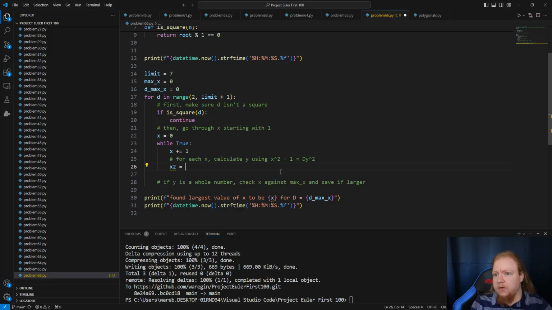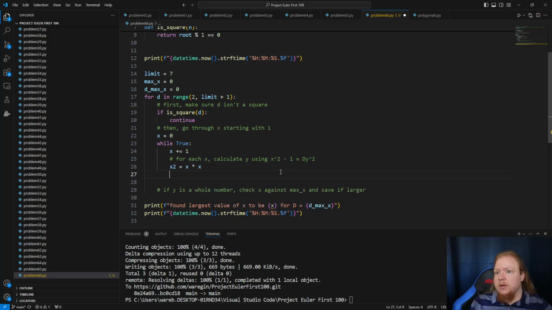So let's just say y is equal to math.sqrt of x squared minus 1 divided by d.